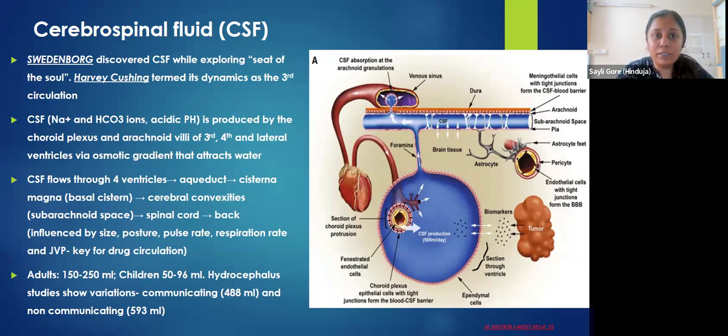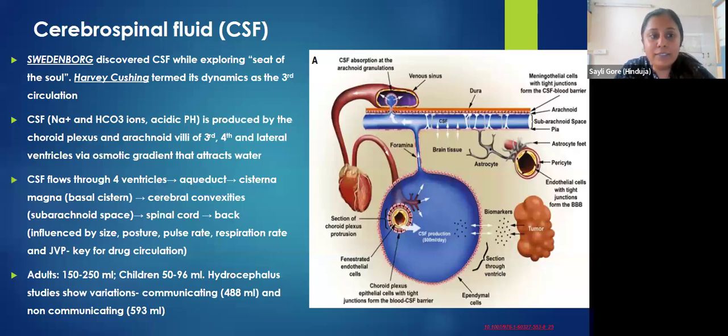He discovered the cerebrospinal fluid and named it the seat of the soul because he found that CSF was linked to the life and consciousness of the living being. It was other scientists, such as Harvey Cushing and Alexander Monro, who described its dynamics. They summarized the production, circulation, and clearance of the CSF, and termed it the third circulation after the systemic and the pulmonary circulation.